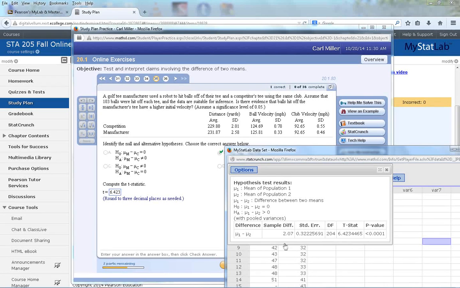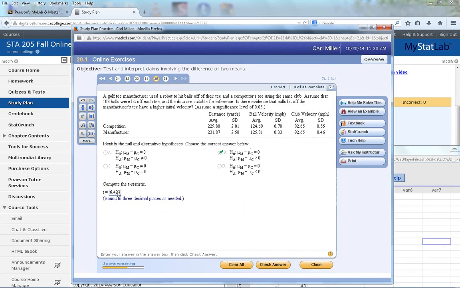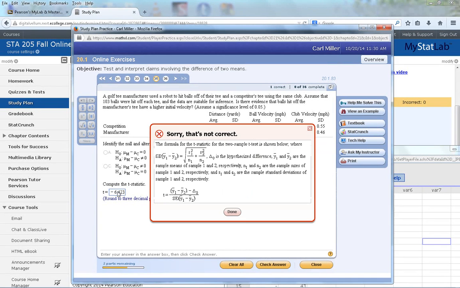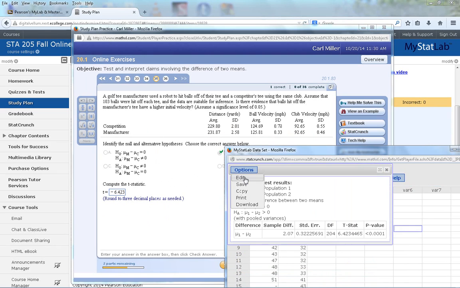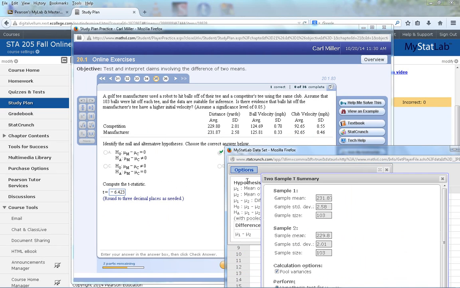Okay, so let's see if they're looking for it to be negative instead. So I'm just going to put a negative sign in and guess at what they may be doing here. No, that's not it either. Okay, one other thing I can try. I can go back.